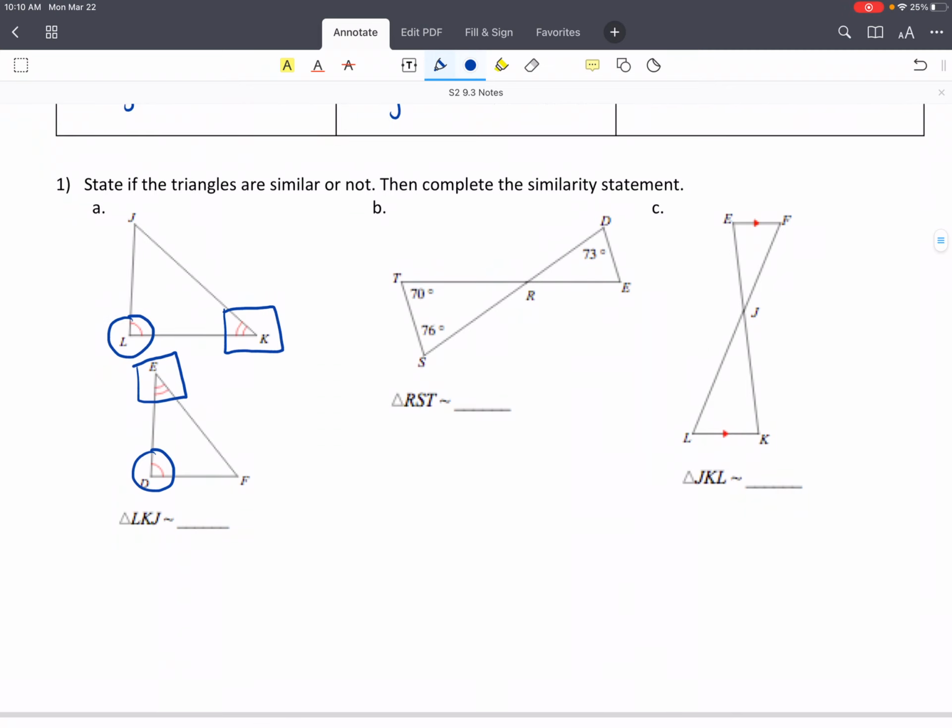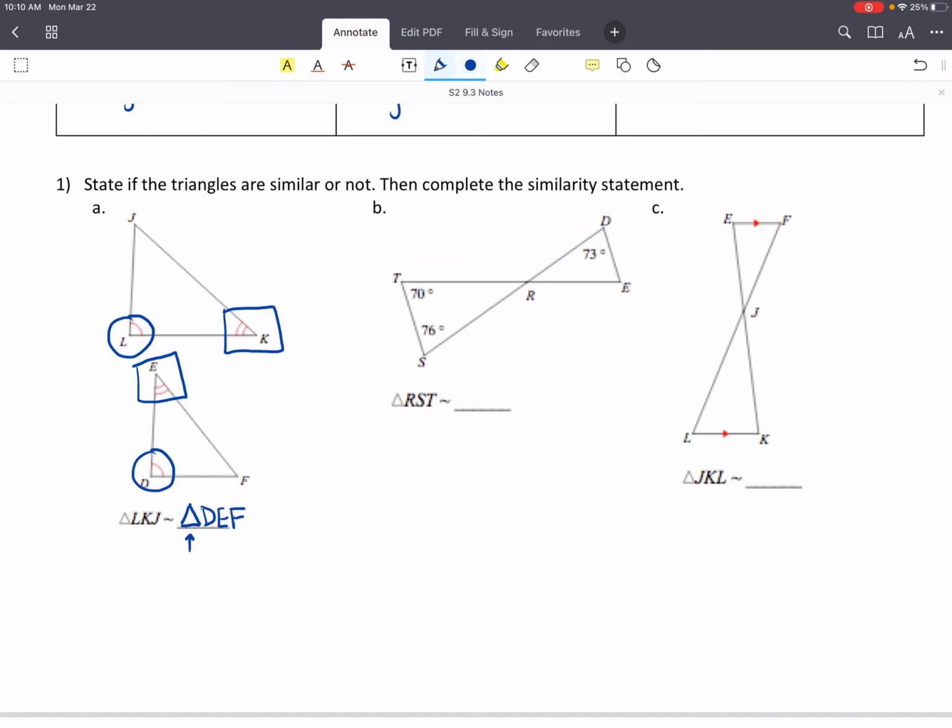So we just have to complete the similarity statement, meaning we have to say that triangle LKJ is similar to triangle, that's an important symbol, use it. So LKJ started at the circle, went to the rectangle, and then went up to the unlabeled. So I'm going to do the same thing down here. D, up to E, and then over to F.